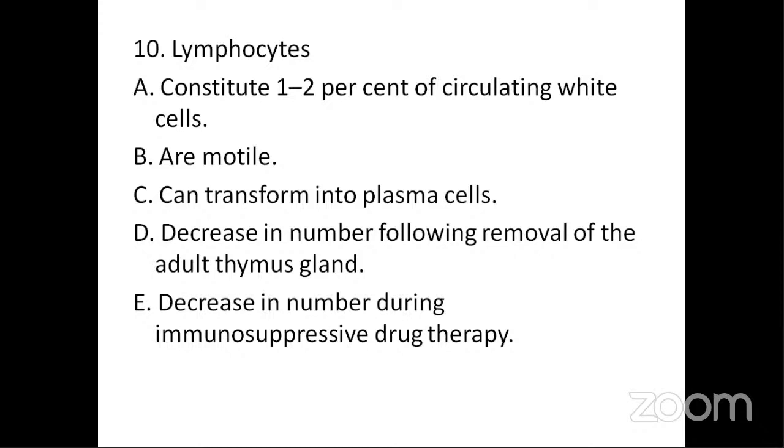Last, decrease in number during immunosuppressive drug therapy. Yes, it is true because lymphocytes and immune responses are closely linked. So in this question, B, C, and E are true. Moving to the next question.